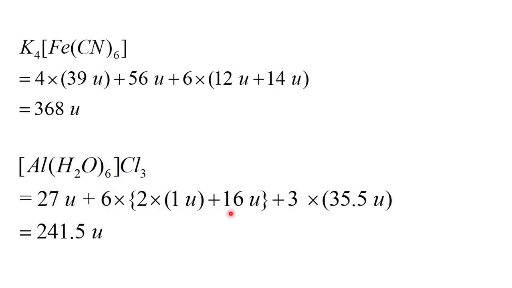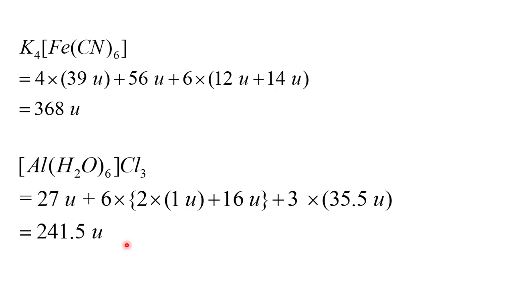So 6 multiplied by the individual atomic masses of hydrogen and oxygen, and there is chlorine. 3 chlorine atoms are there. The atomic mass of 1 chlorine atom is 35.5, so we multiply by 3 and we get the answer 241.5 unified mass.